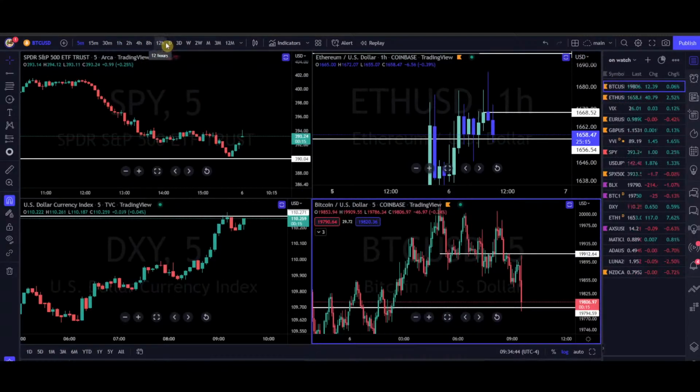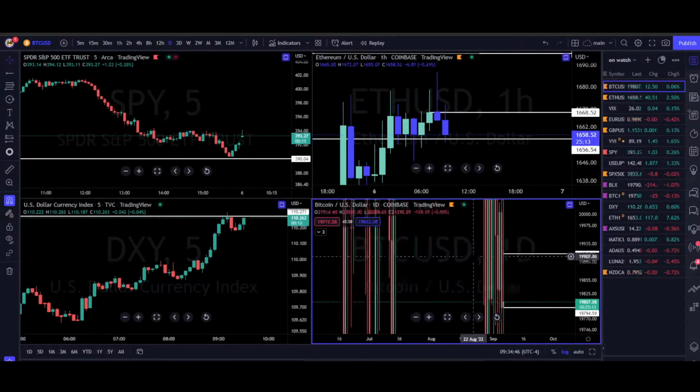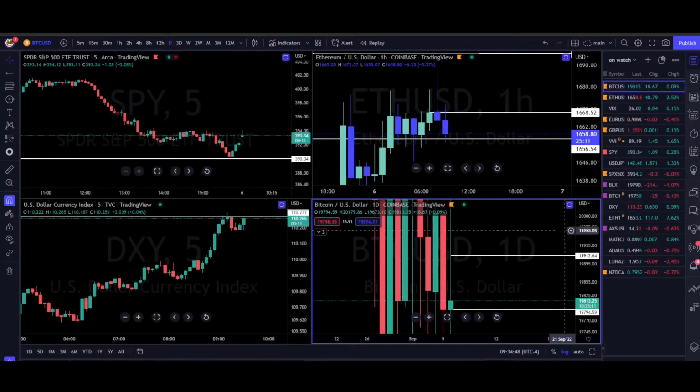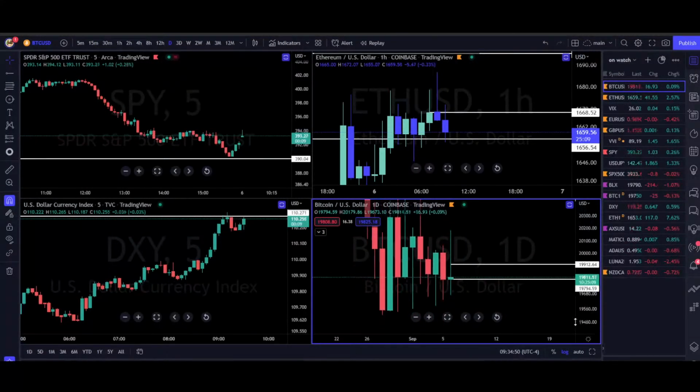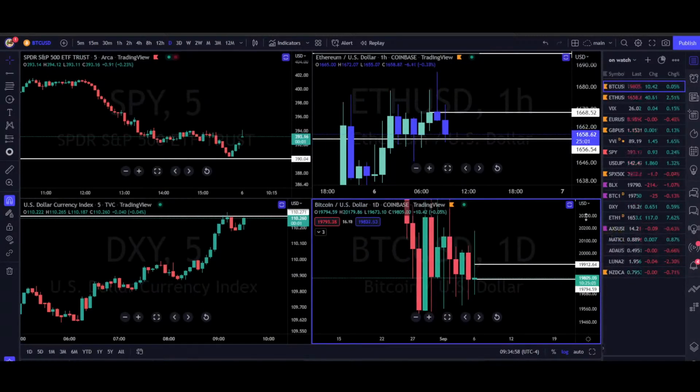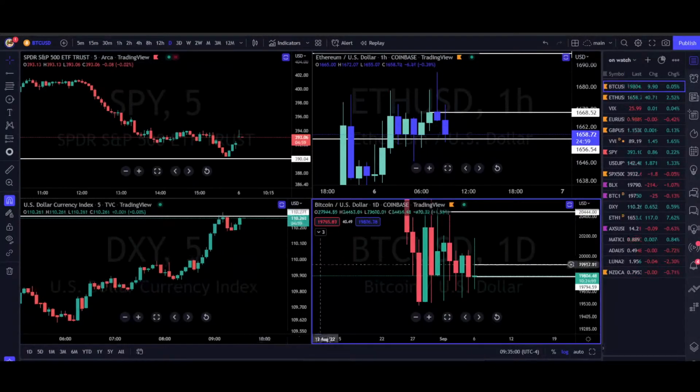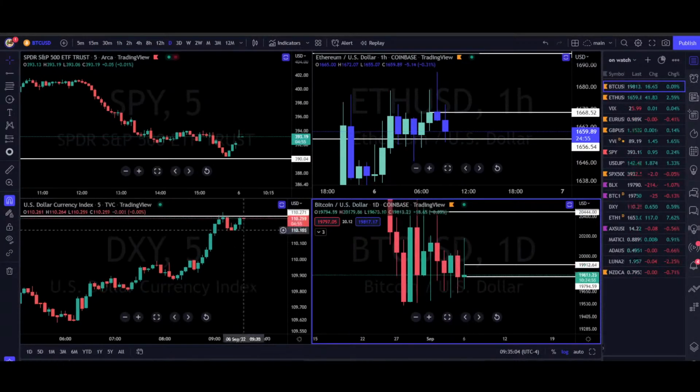And on the daily, it looks terrible to be bearish again after being bearish yesterday and taking out yesterday's high. You traded all the way up to resistance and rejected. Bitcoin sucks. Dollar's pushing up. Back up again. Trying to nuke short traders.